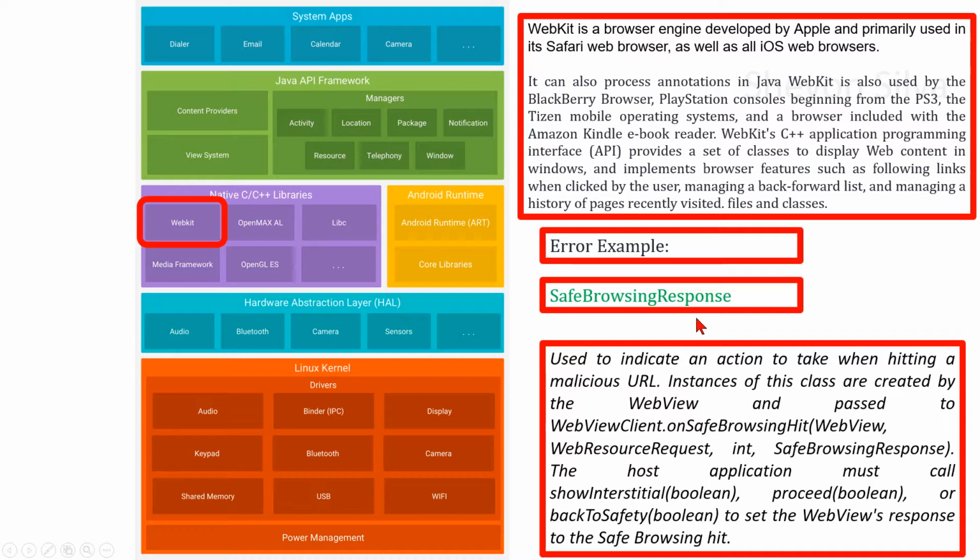Instances of this class are created by the WebView and passed to WebViewClient.onSafeBrowsingHit(WebView, WebResourceRequest, int, SafeBrowsingResponse). The host application must call showInterstitial(boolean), proceed(boolean), or backToSafety(boolean) to set the WebView's response to the safe browsing hit.